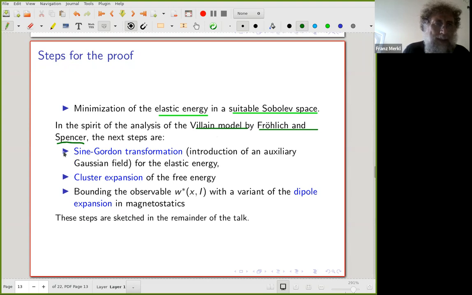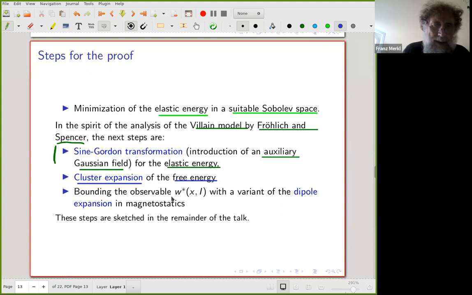So the next step is a Sine-Gordon transformation, which introduces an auxiliary Gaussian field in order to describe the elastic energy, which is a quadratic form, by linear forms. I'm coming to that. And the next step then is to do a cluster expansion of the free energy in connected components of the supports of the dislocation lines.